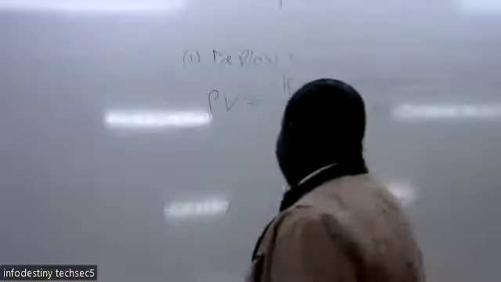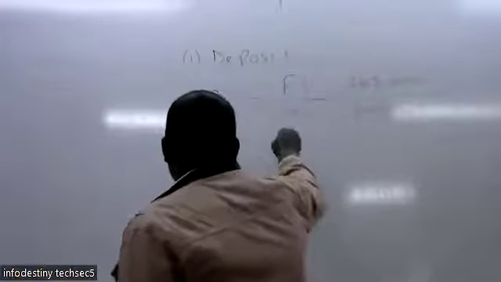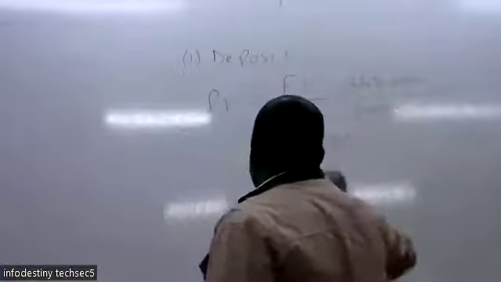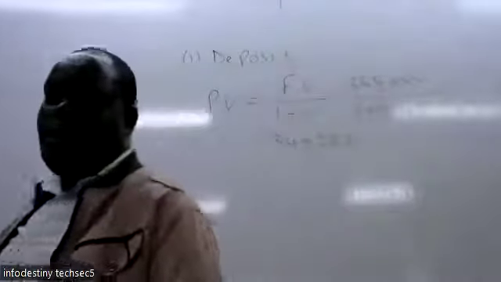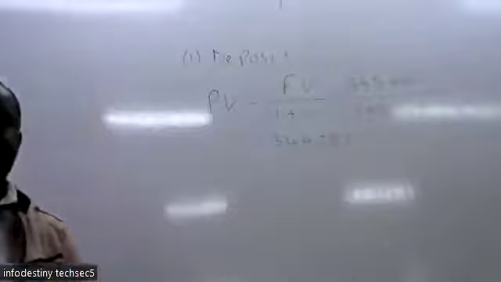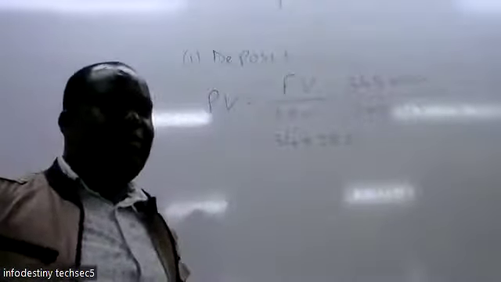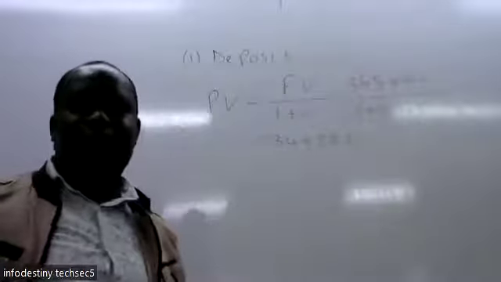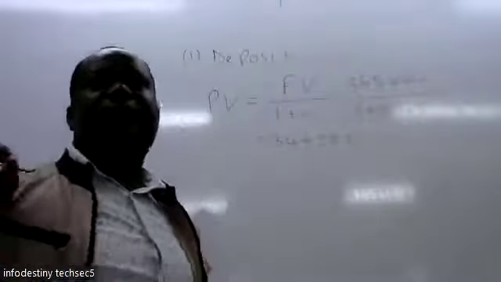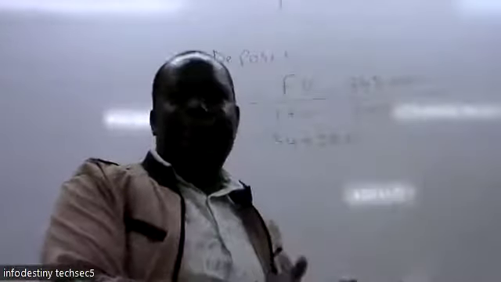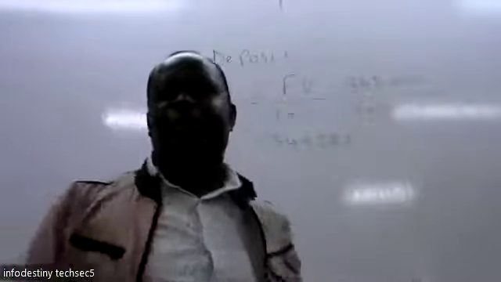So how much money will he deposit? 349,282. Yeah, so that money he must get it in the UK. So we got step number 2. He converts that money at the spot rate to know how much he came with in the UK to bring it in the US.